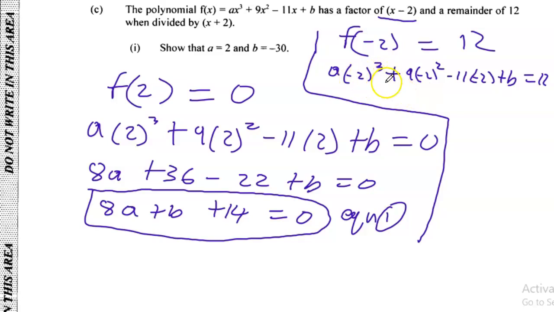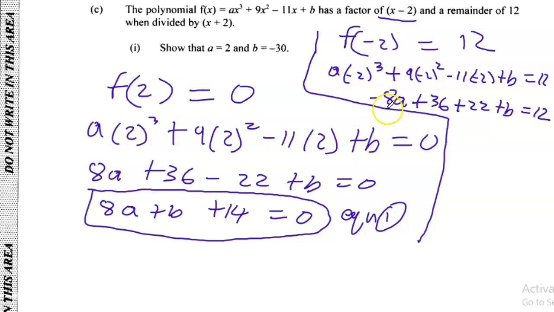So negative 2 to the power of 3, that's negative 8, so negative 8a. So the 36, 4 times 9. Negative times negative, that's positive 22, plus b equal to 12. And I'll simplify this.